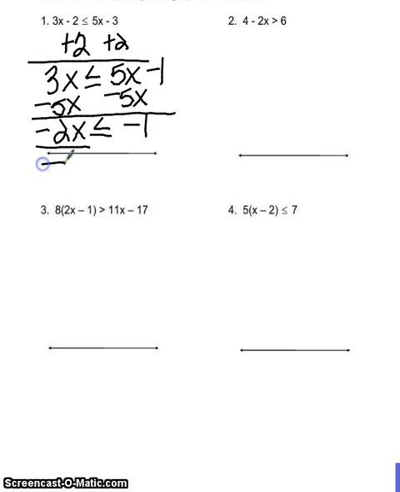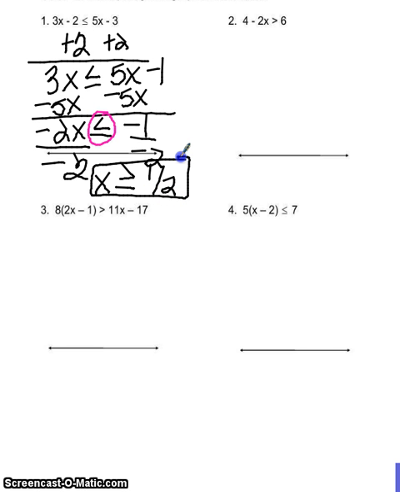Now I'm going to divide both sides by a negative 2. And remember, if we divide by a negative, I'm going to change the direction of my inequality. So here it was less than or equal to. So when I rewrite it, I'm going to have that x is greater than or equal to 1/2. So again, notice how I changed the direction of my inequality.